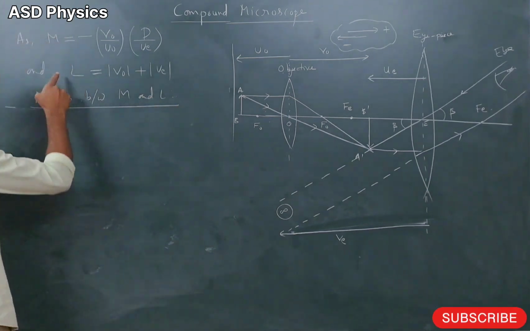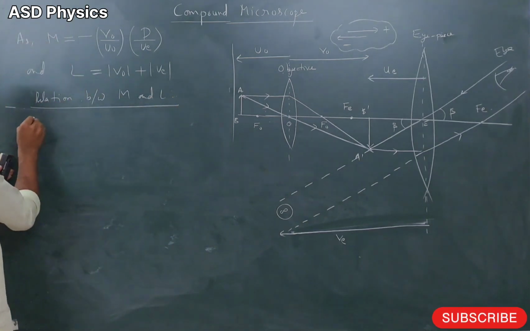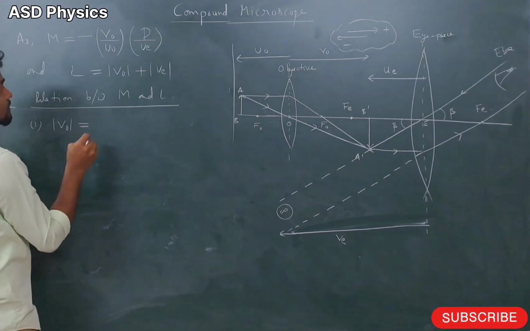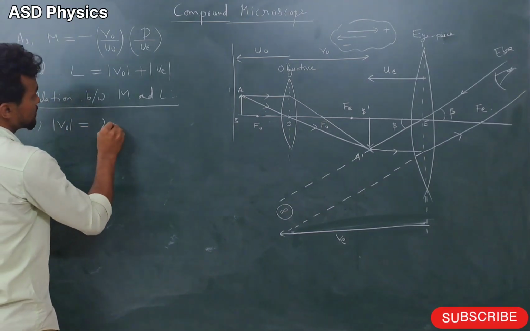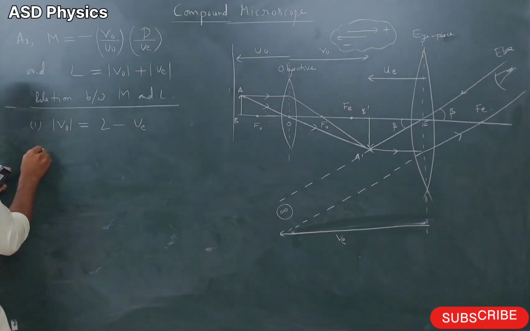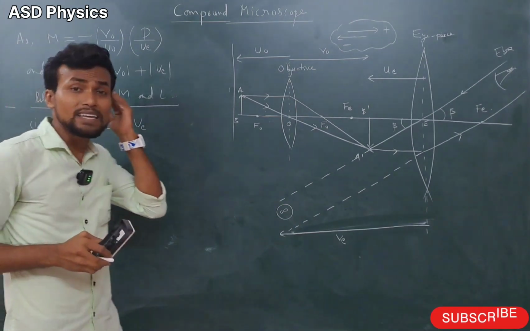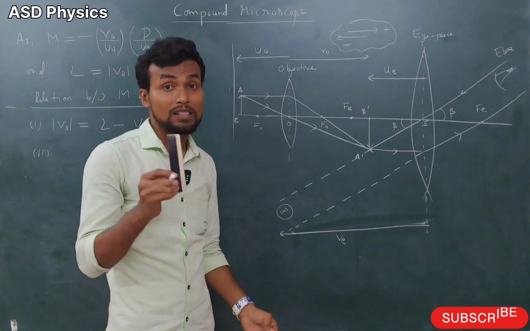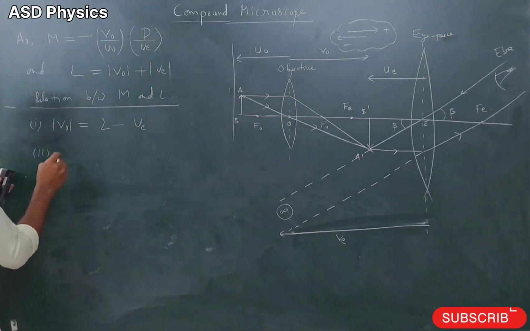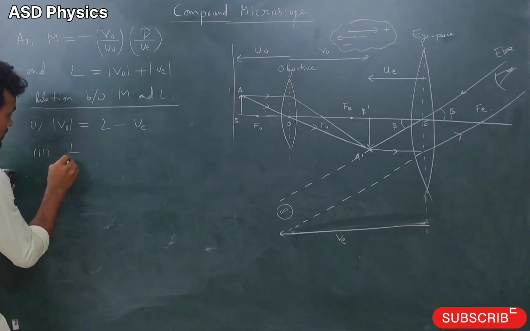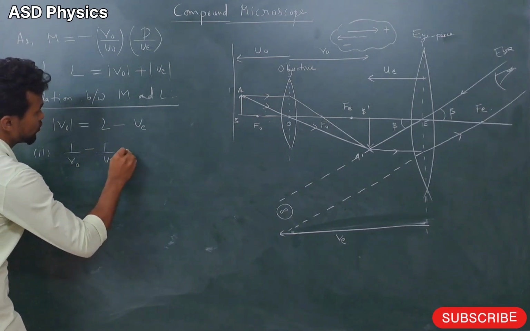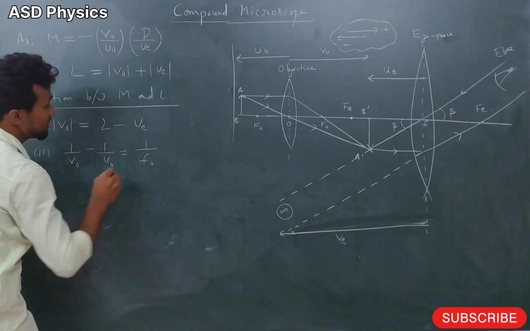So from here, first we can write mod V0 is given by L minus UE, only magnitude. Second, if I write the lens formula for the objective, what can we write here? Lens formula is 1 by V naught minus 1 by U naught is equal to 1 by F naught.